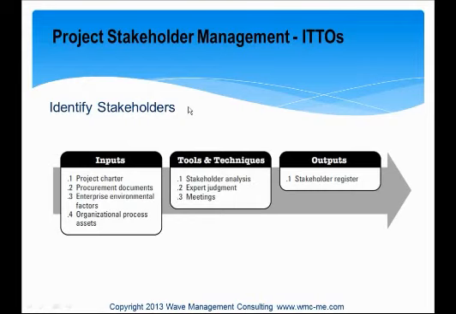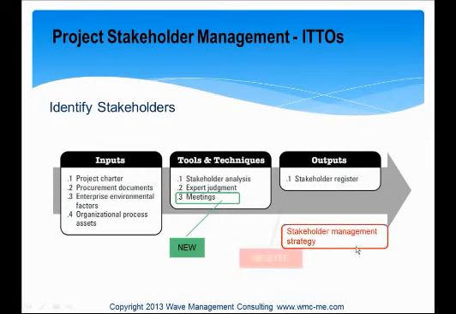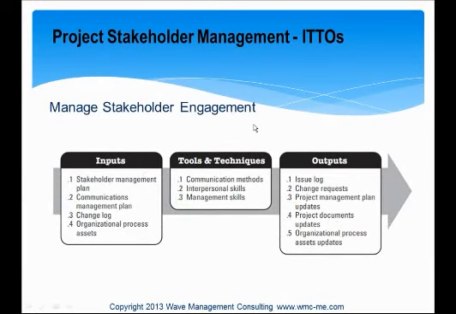Identify stakeholders. Now we are in the newly introduced knowledge area of project stakeholder management. So we have a new tool and technique, which is meetings. They deleted stakeholder management strategy from the outputs list. Manage stakeholder engagement.